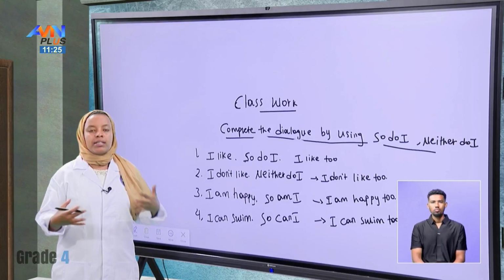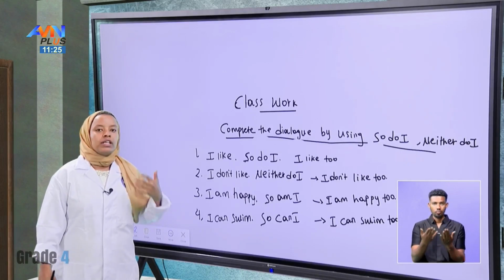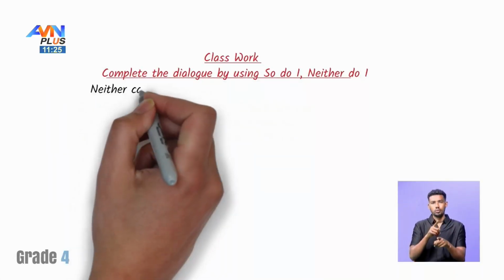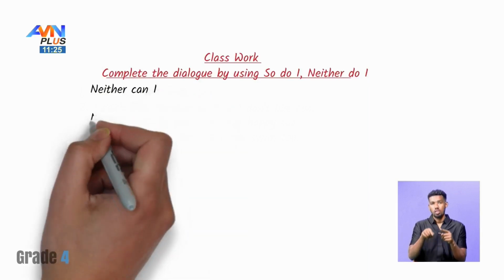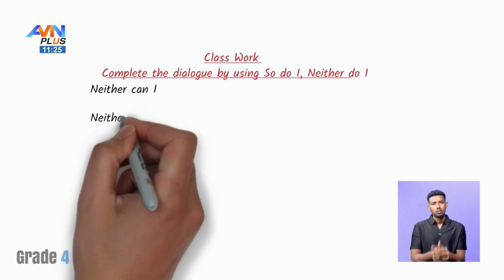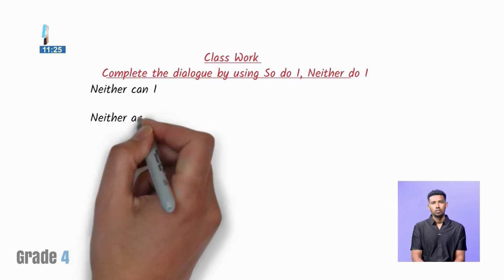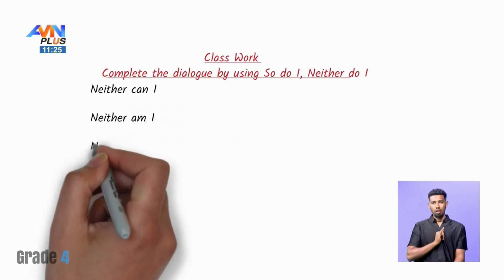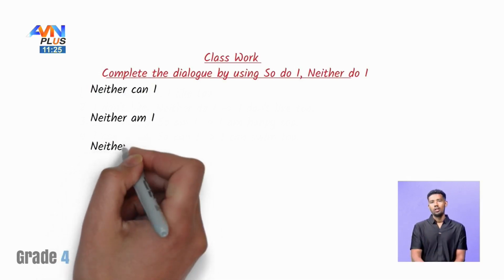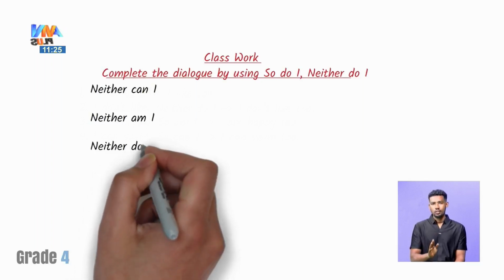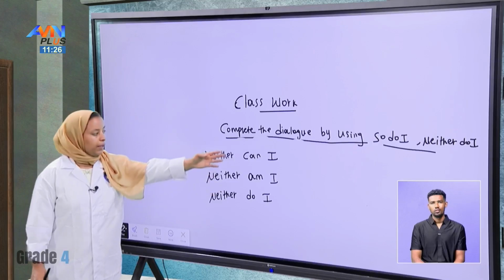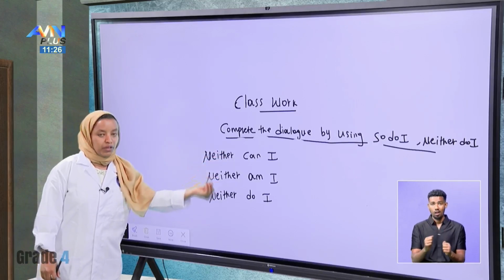We can use this in a negative form by using neither I. When we say neither can I, and also neither am I, and also we can say neither do I.